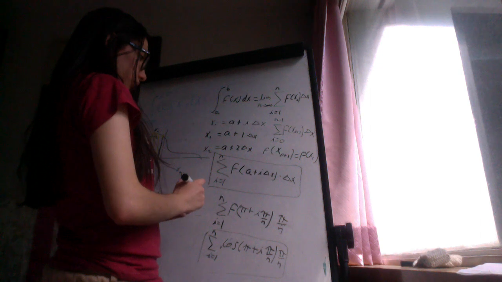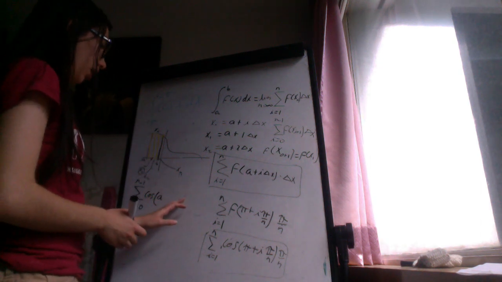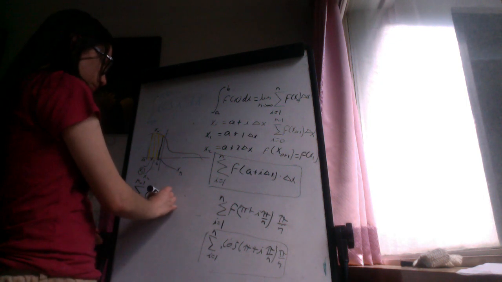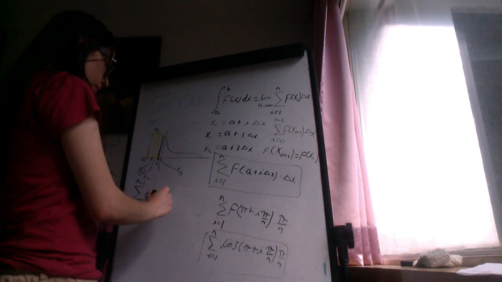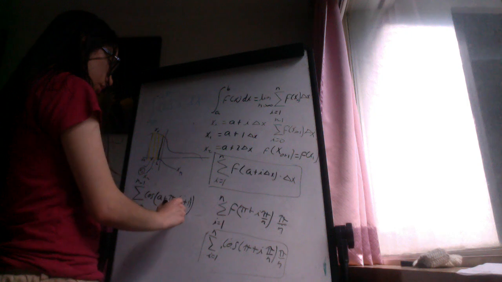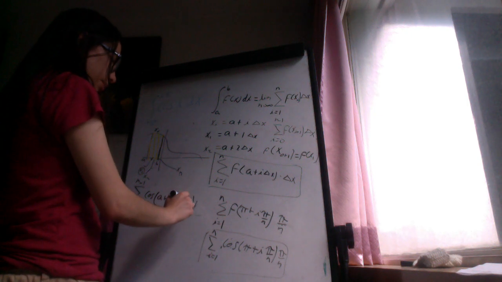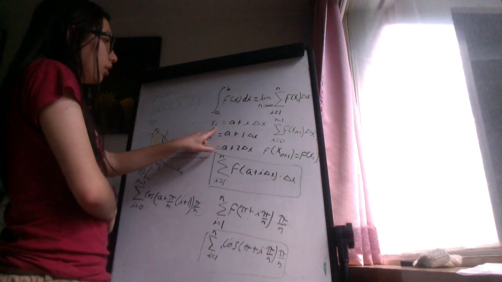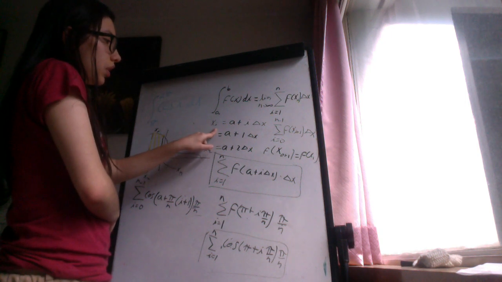So here we have cosine of a plus pi over n times i plus 1, and delta x is pi over n.